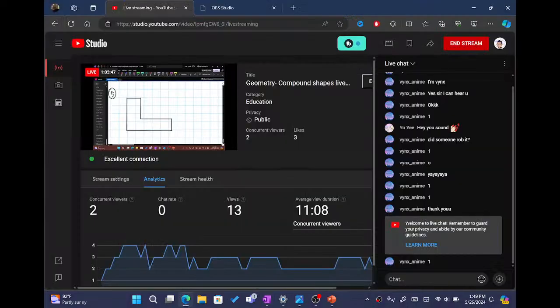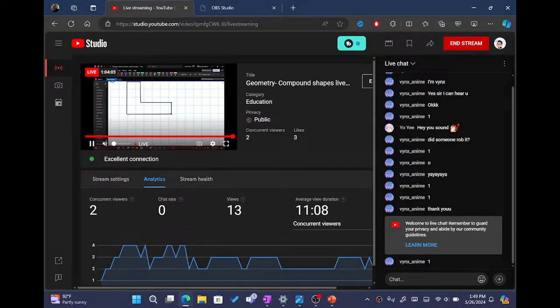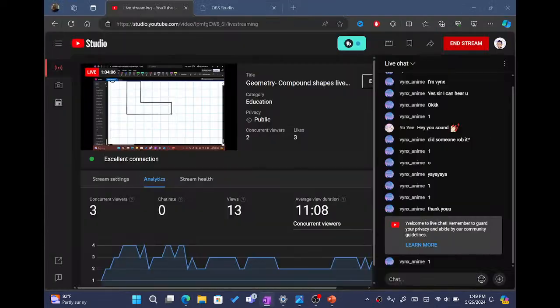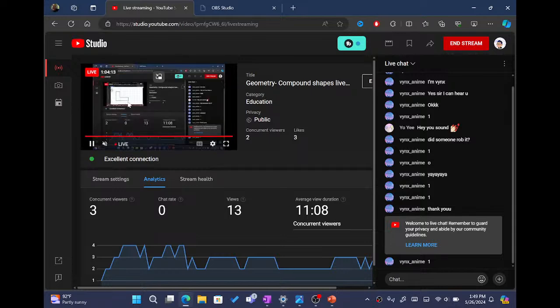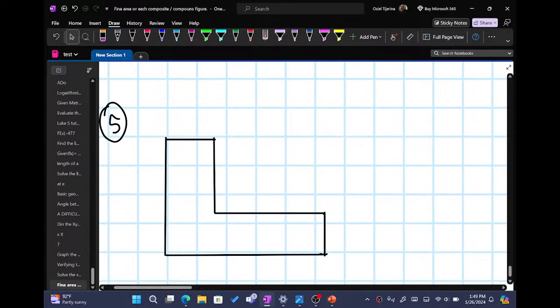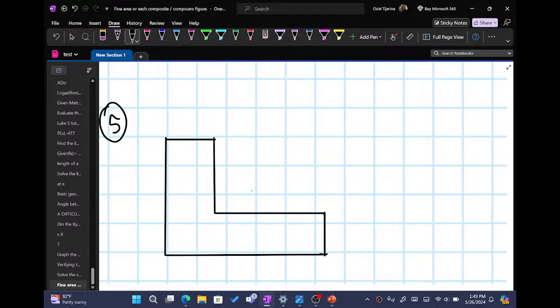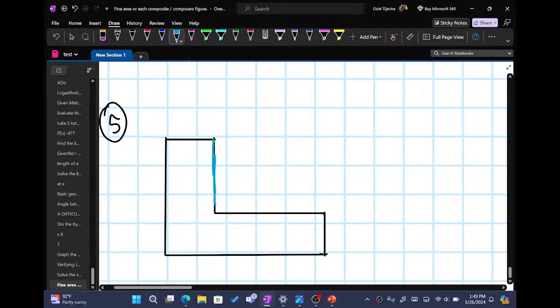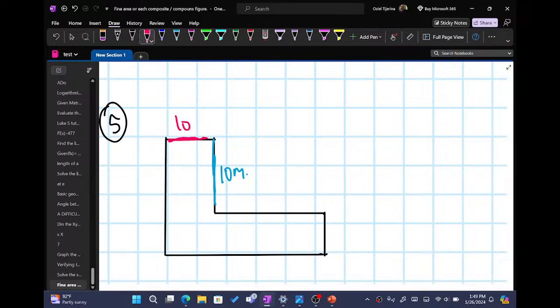Alright. Now what we're gonna do, and the side lengths of this, so we have this part as 10 meters. We have this part as 10 meters. We have this part as 10 meters.